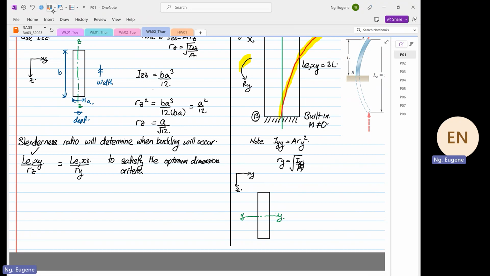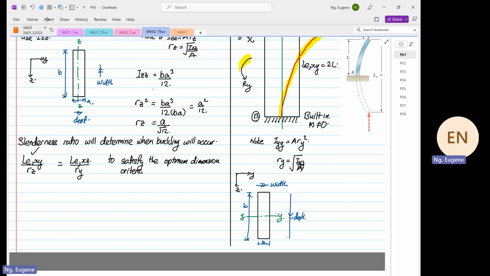So when that's the case, this will be our width. And over here, the perpendicular distance is our depth. So this dimension over here is our B. This dimension over here is our A.